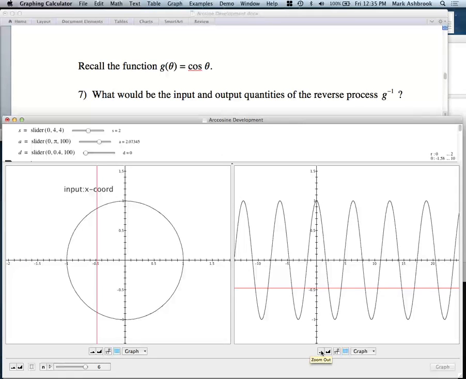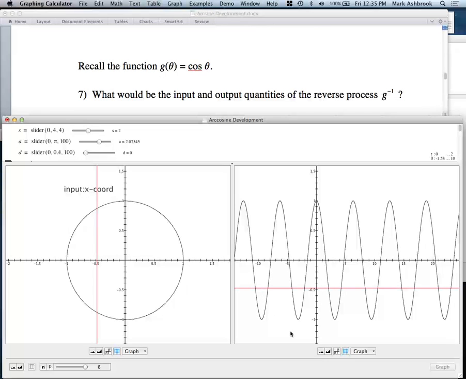We can just keep adding more and more angle measure, keep increasing the radian measure, and every time we get to this point in the circle, we're going to get the x-coordinate as -1/2. And so every intersection here is giving an input angle, an angle that would be coming out of the reverse process of cosine.